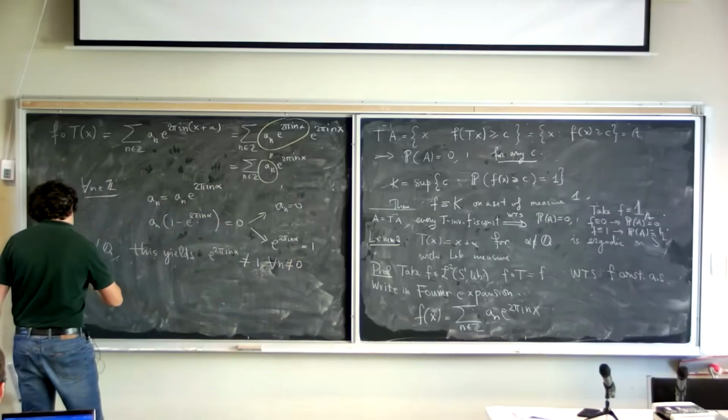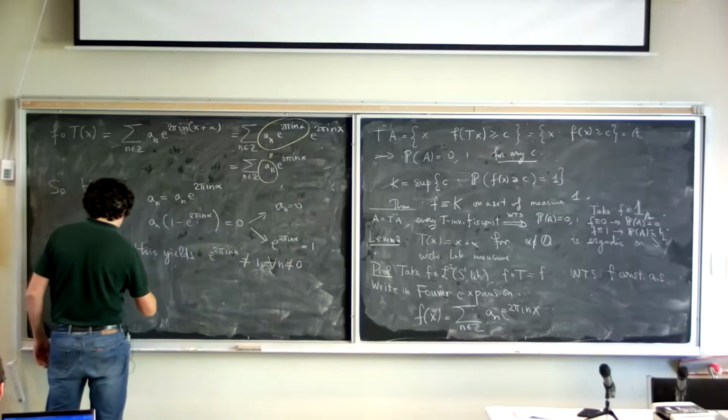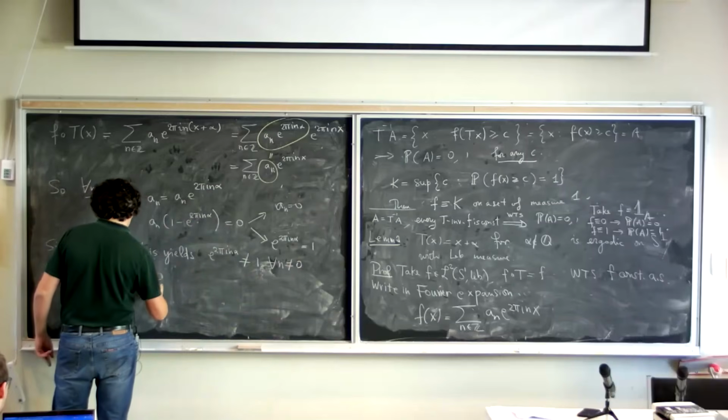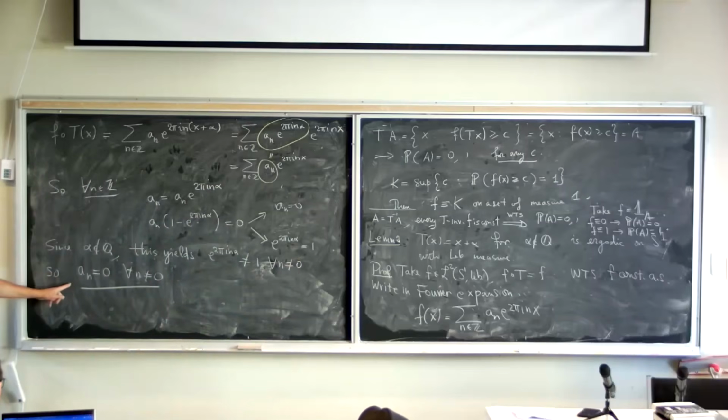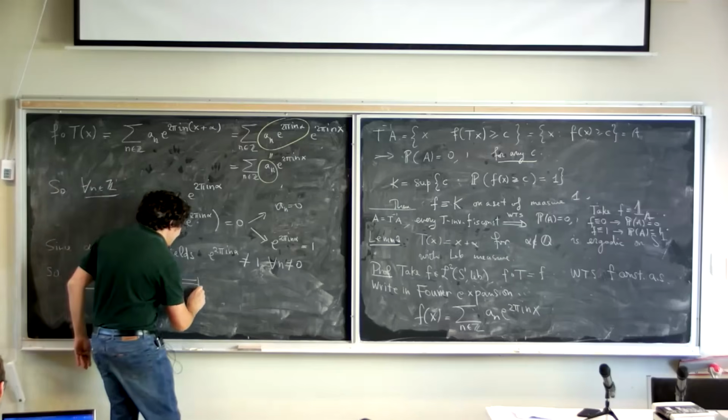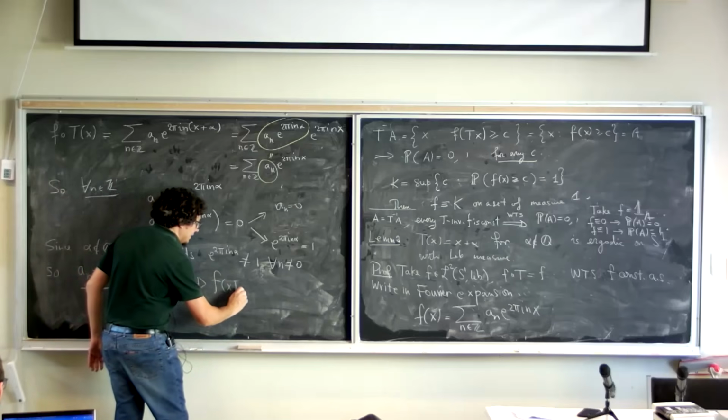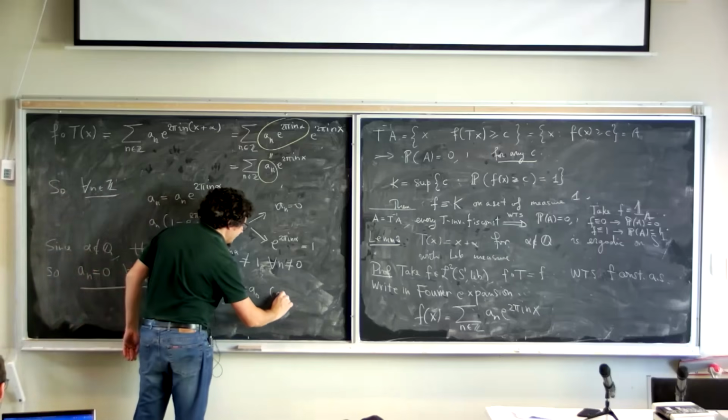And so a_n equals 0 for every n different from 0. So it's important, because you cannot have a function where all the Fourier coefficients are 0, this would be too much. But you can have that all coefficients except the 0 coefficient vanish. And so this would imply that f of x is just a_0, so this is constant.